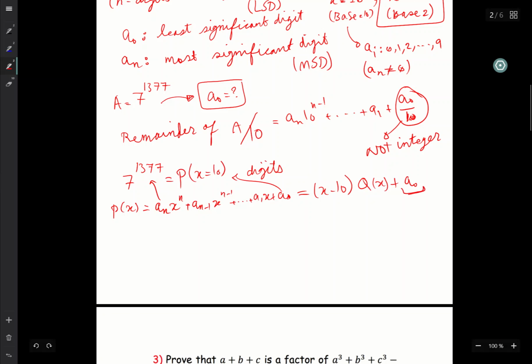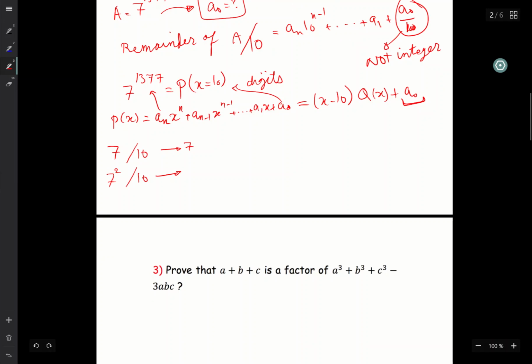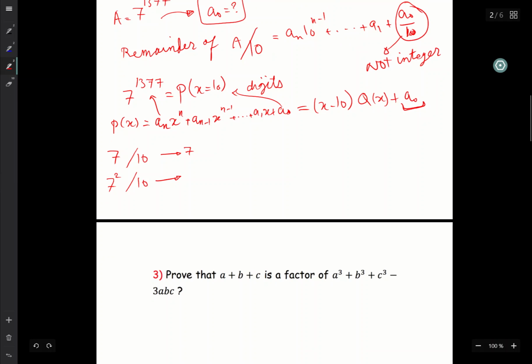All right. So if I take 7 and divide it by 10, the remainder is 7. If I take 7 to the second power divided by 10, the remainder is basically 9, or -1.